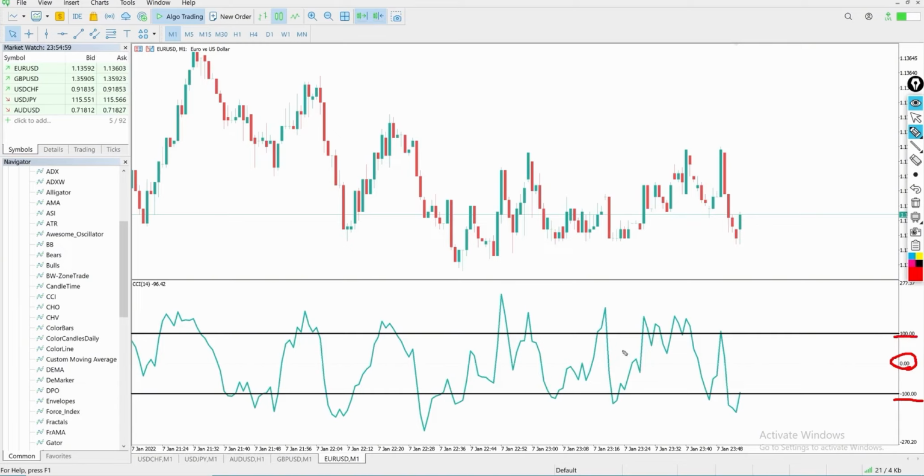As you can see, I've made the -100 and +100 lines black and a bit thicker so you can see them better in the video. Most of the fluctuations occur between these two lines, within the -100 to +100 range. Sometimes it breaks out of these levels, but for the most part, the fluctuations are shown within this range.